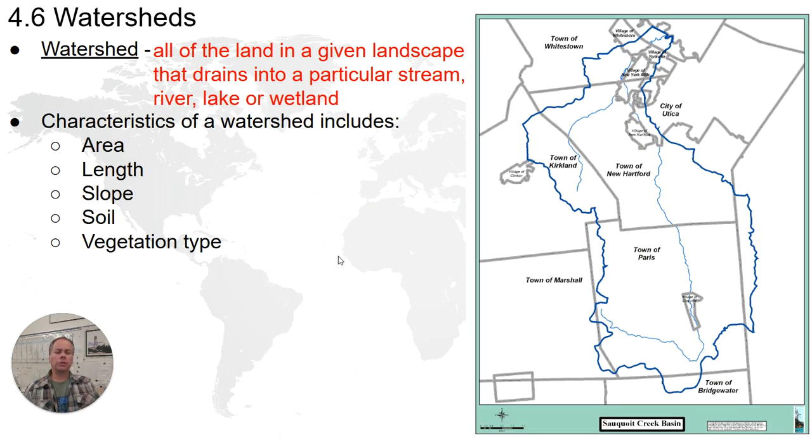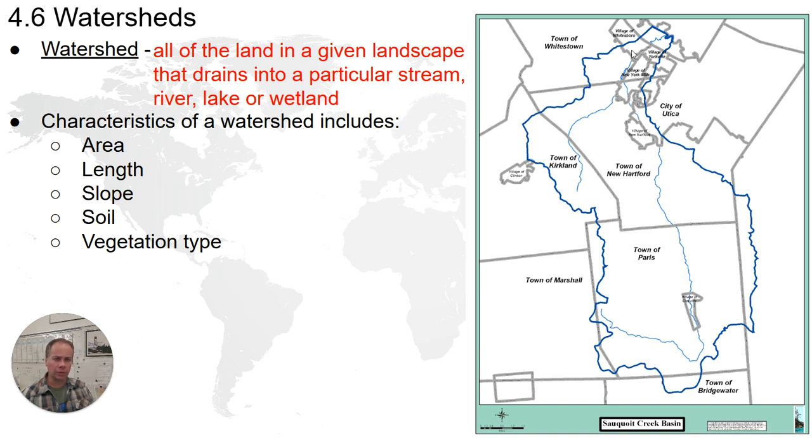When we think about the term watershed, a watershed is all of the land in a given area that drains to one particular stream, river, lake, wetland, or ocean. For example, most of us probably live in the watershed called the Sequoia Creek watershed. If we look at this map, here's the city of Utica, here's the village of New Hartford, the town of New Hartford, and we're right around over here.